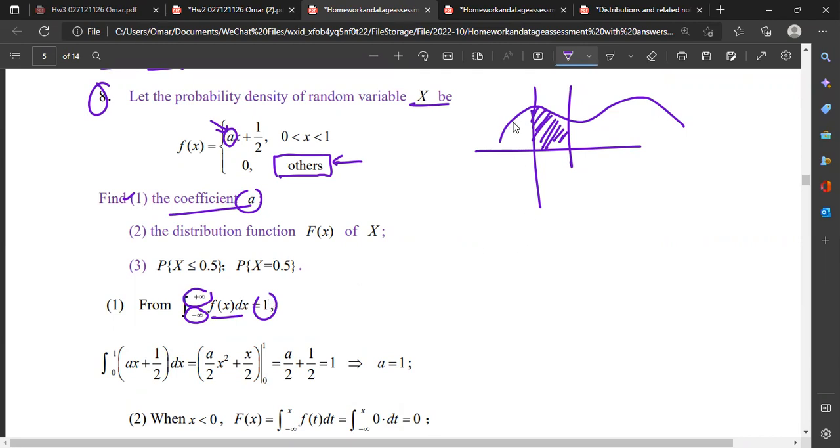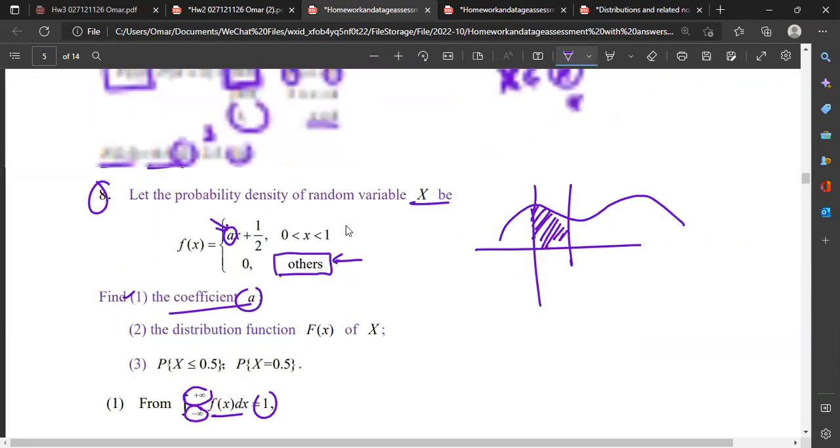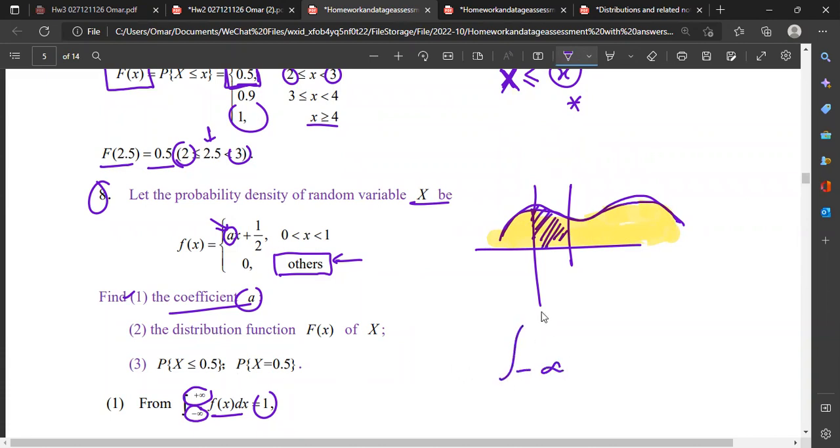That means, let's say this is our function, and the whole part here is the total probability, and the answer will be equal to 1, okay? So it means integration from minus infinity to plus infinity of f of x dx is equal to 1, okay?